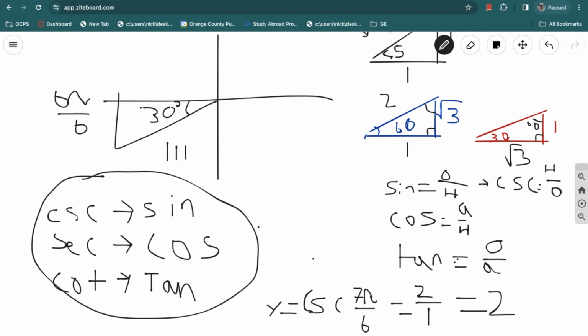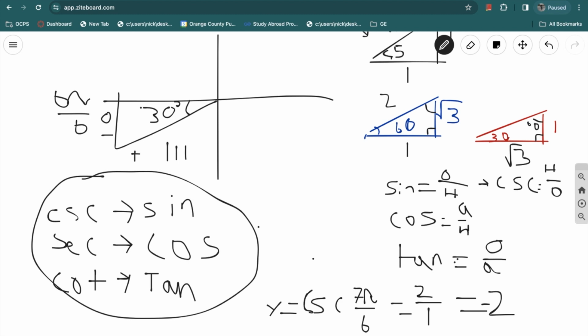That does not change the negative sign at all. The opposite is going to be negative right here, so it's still a negative value, because remember, all students take calculus, so only tangent is positive, so it is going to be negative 2. Where sine is negative, cosecant is going to be negative. Where cosine is negative, secant is going to be negative.